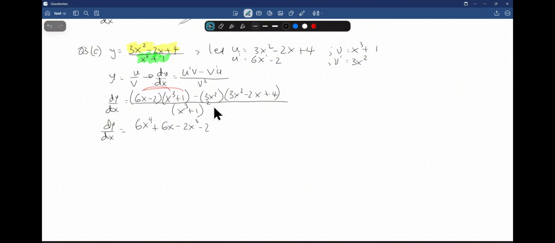So we have 3x squared. This u here belongs to the numerator. Be careful.